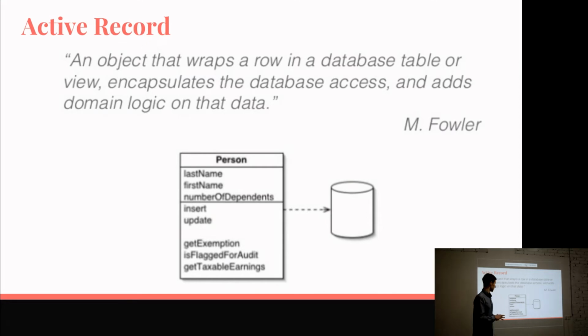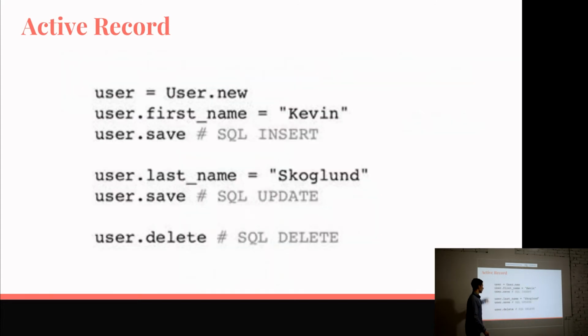You had some database, and you didn't have to know any SQL. You could do things like create a user, assign some attributes to it, call the save function, and this triggers an actual SQL insert. Things like that were pretty exciting. You can update or delete a user, and this all triggers SQL functions, and you don't need to write them yourself.